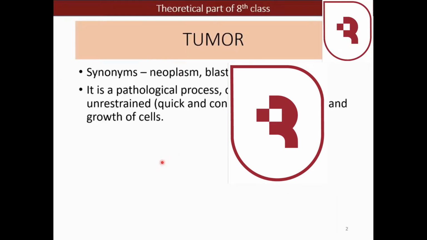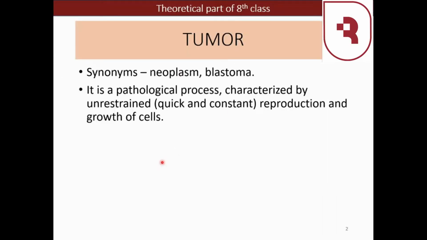We should start from the definition and synonyms of tumor. Sometimes they say neoplasia or blastoma, but they mean tumor. So a tumor is a pathological process characterized by uncontrolled, quick and constant reproduction and growth of cells.